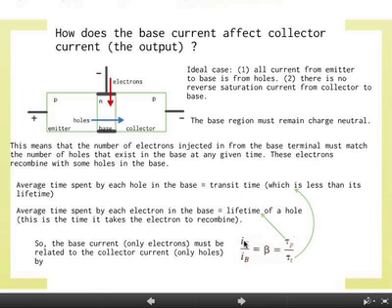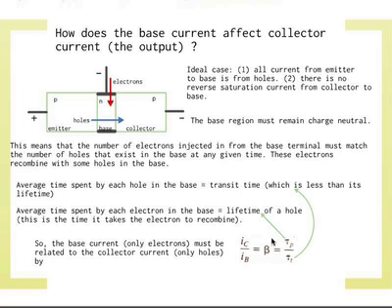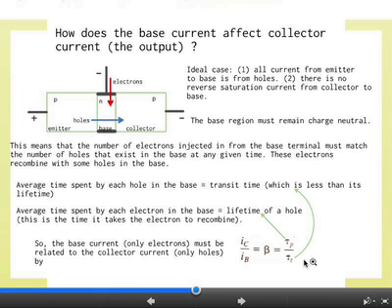So now you can see the amplification factor beta is determined by what? In order to make the amplification high, you want beta to be large, you want a good amplifier. What do you need to do? Decrease the time it spends. Yeah, exactly. You want to decrease the time the hole spends in the base, which is what we said last class. So it's intuitive, another way to look at it.